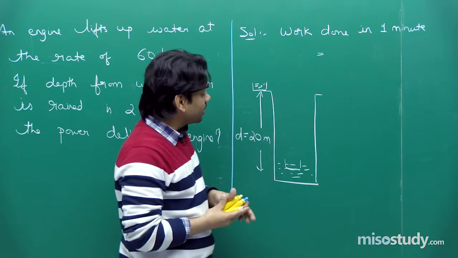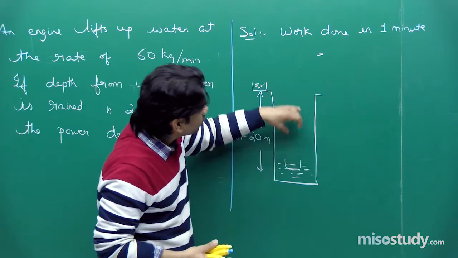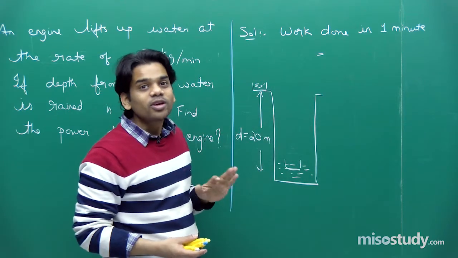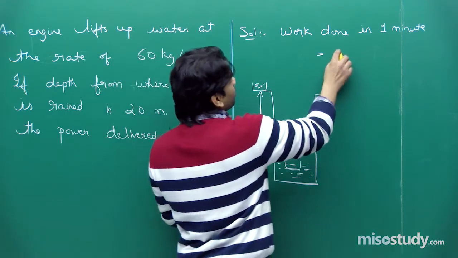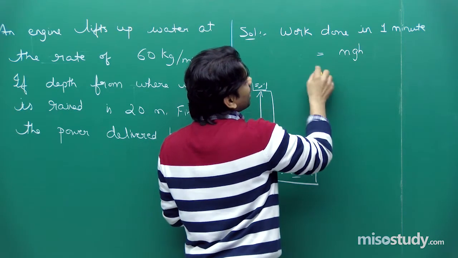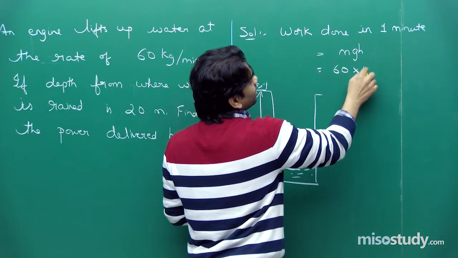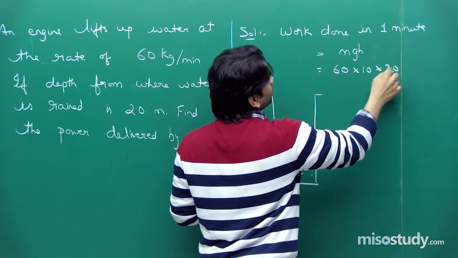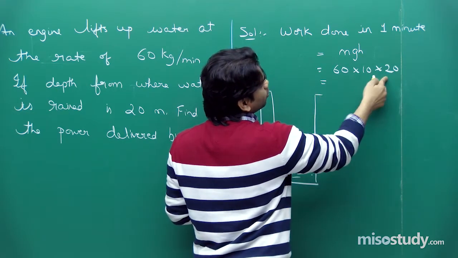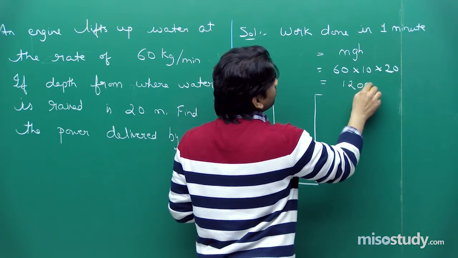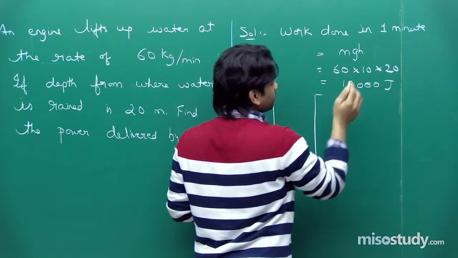So work done will be against the force of gravity, so work done will be mgh. That is 60 kg multiplied by g as 10 multiplied by height as 20. We'll have 6 into 2, 12,000 joules.